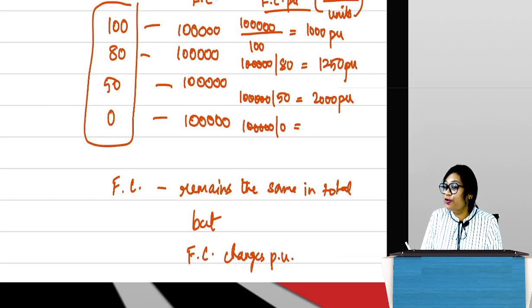1 lakh divided by 0 is how much? Let's test your math skills. So I am hearing 2 answers. How many of you will say it's 1? Nobody says, thank God.